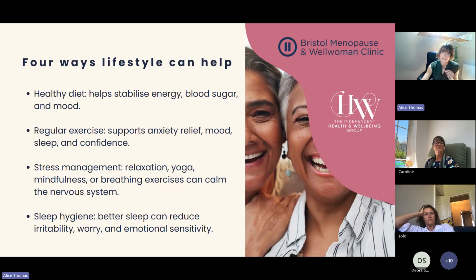Healthy diet is really important throughout life, but in the perimenopause and menopause, what we eat really can influence the way that we feel day to day. And it's mainly about helping to stabilize our metabolism and stabilize our blood sugar and insulin control.